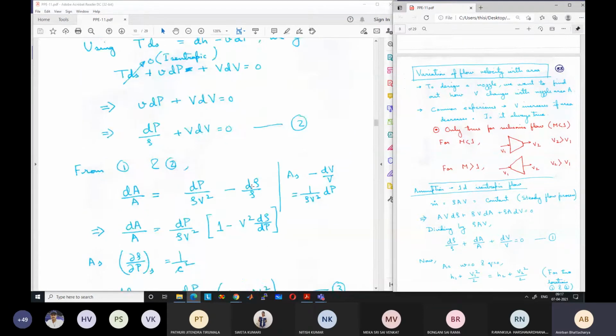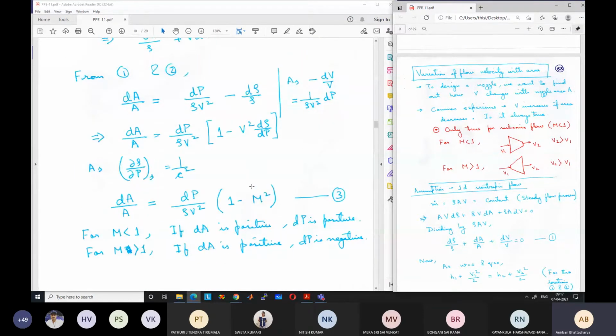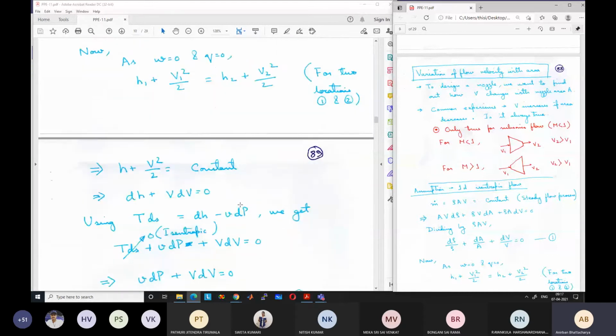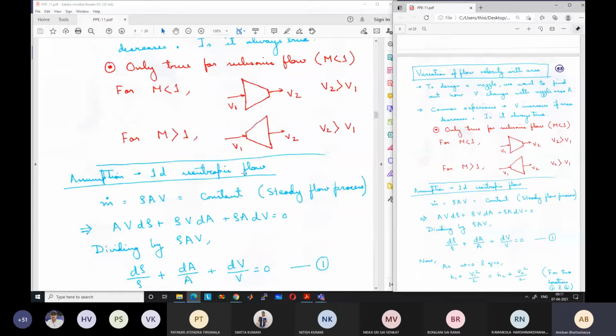Now if m is greater than 1, and dA is positive, this term, 1 minus m square, becomes negative. So if dA is positive, dp has to be negative. This is the case we see here in the divergent nozzle. M is greater than 1, dA is positive, area is increasing, so p will be decreasing because dp is negative.